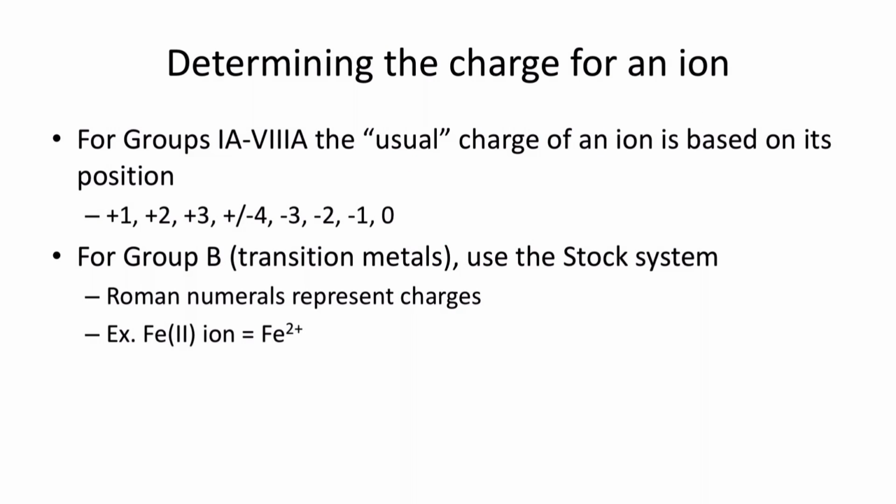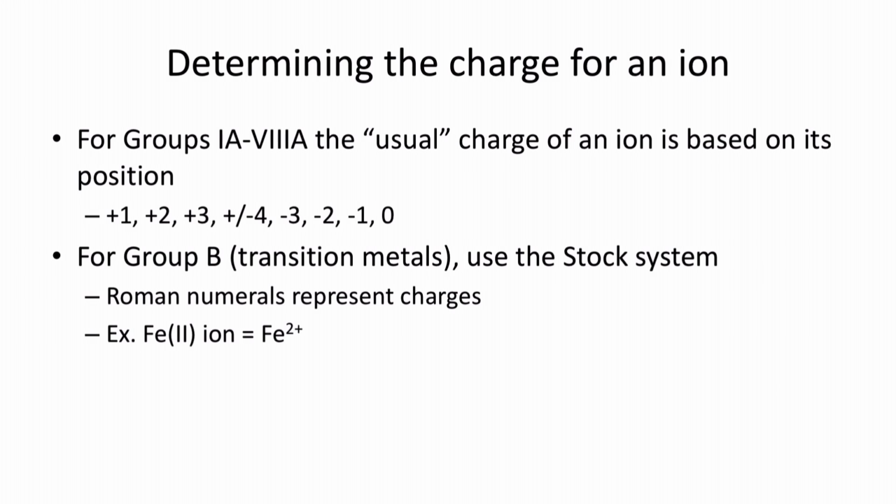In other words, group 1A is +1, group 2A is +2, 3A is +3, group 4A is plus or minus 4, group 5A, then it starts to get negative, -3, group 6A is -2, group 7A, the halogens, -1, and then the noble gases, group 8A, those are all 0. Okay, and so that's what I mean by these numbers here.